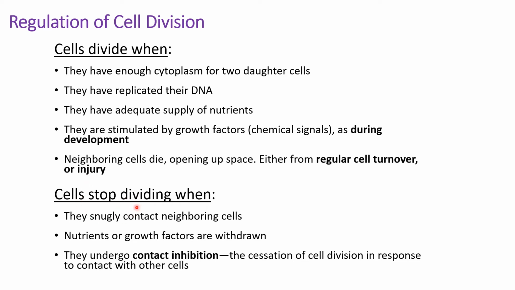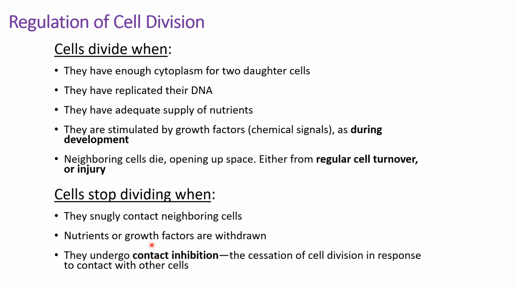When do cells stop dividing? Basically, cells like to be in contact with each other. Not all cell types, but some of them, such as the cells in your skin. So once cells are in contact with each other, cell division will cease. When we do not have enough nutrition or when our growth factors start to decline, then we will stop dividing.